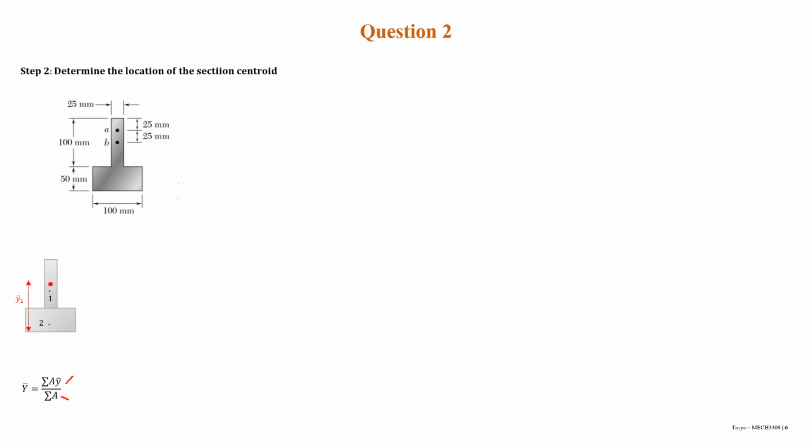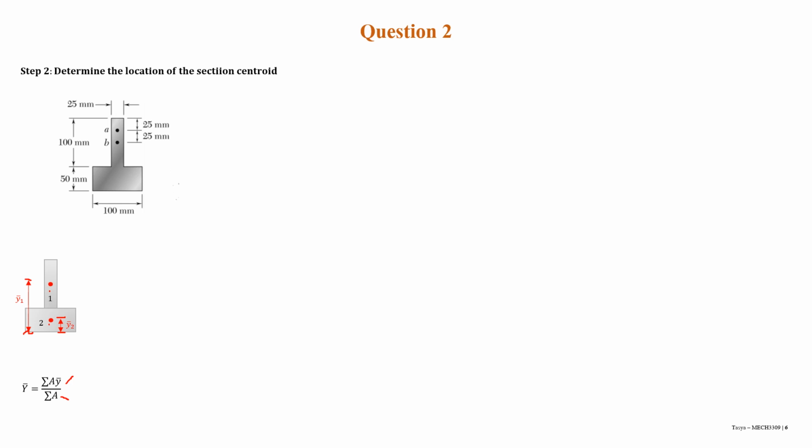So y1 will be the distance from the base here to this one. Same for shape 2, also measured from the bottom, the base, to the center of the beam here, y2.